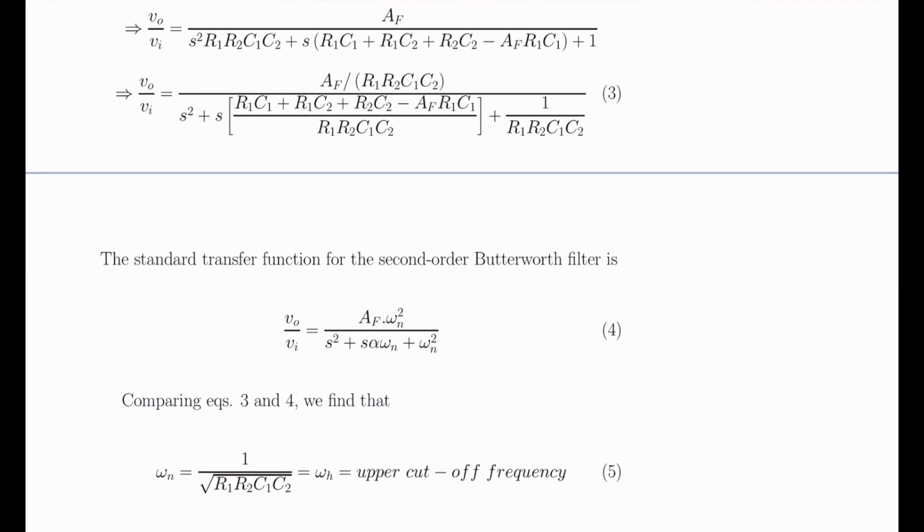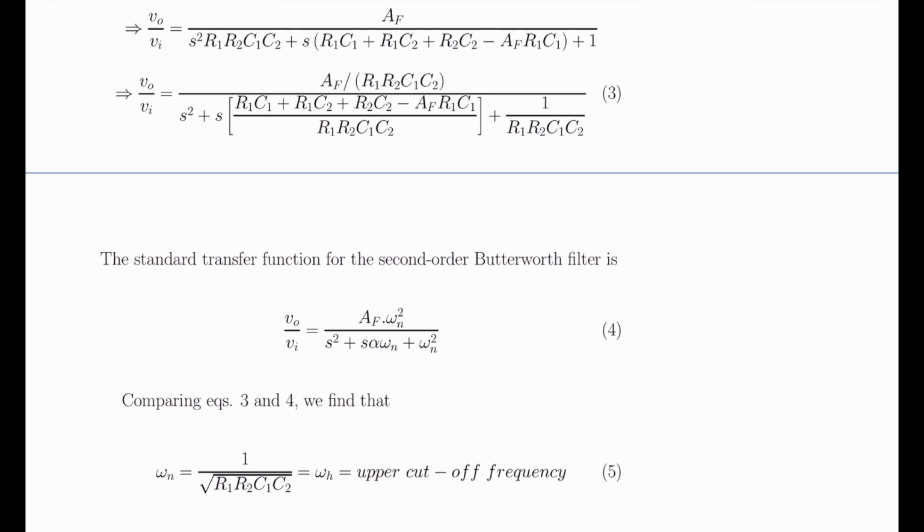Now the standard transfer function for the second order Butterworth filter is given by expression 4. V naught upon Vi is AF into omega n square upon S square plus alpha omega n S plus omega n square. This is equation 4. Now you compare equation 3 and 4.